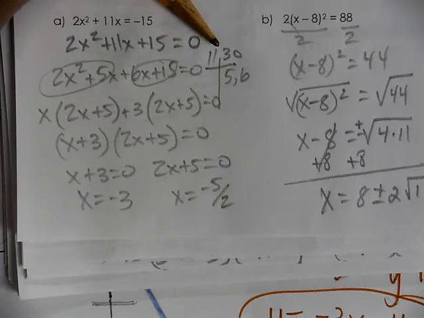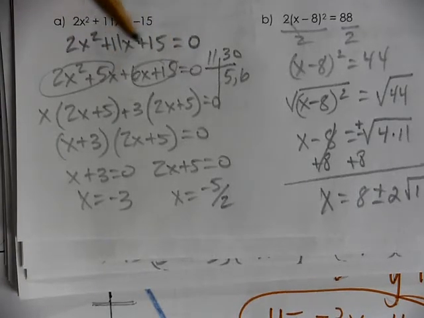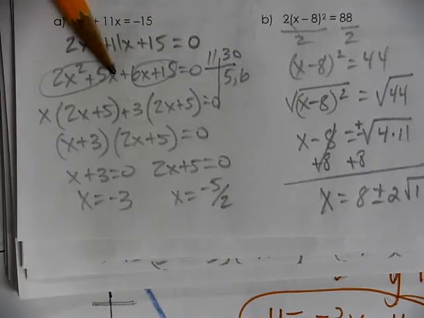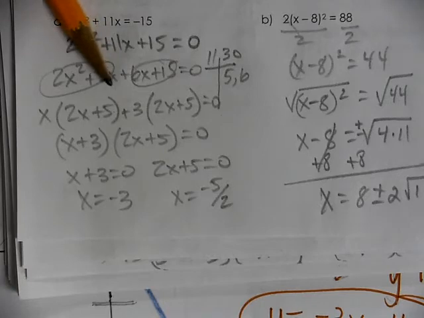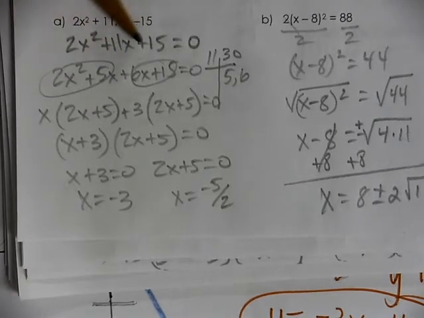So I need to figure out what multiplies to be 30 and adds to be 11, the b term. That's going to be 5 and 6. So I plug in my 5 and 6. 5x and 6x makes my 11x. I circle my two groups, factor out what I can, and use the zero product property to figure out my two solutions.